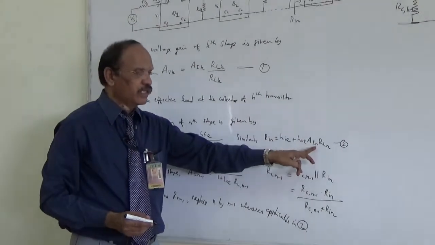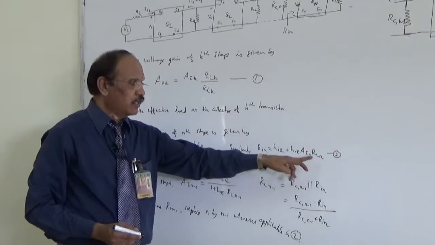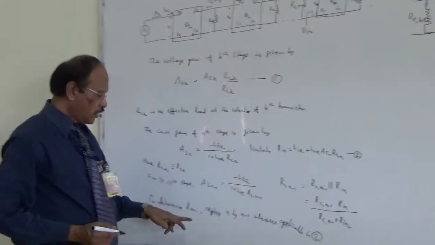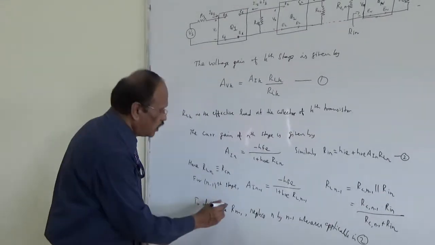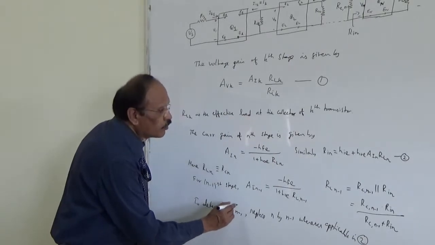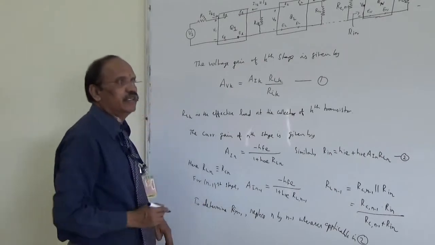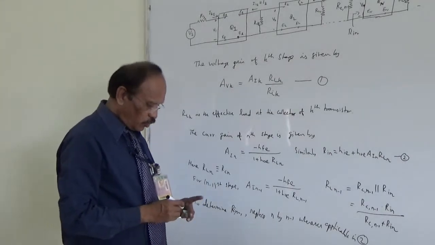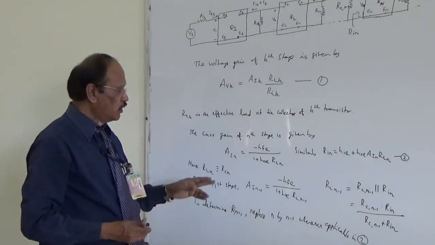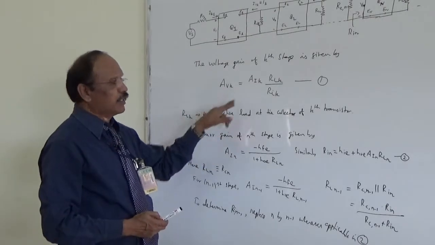So here you have to make it as AI n minus 1 and RL n minus 1 so that you will get RI n minus 1.